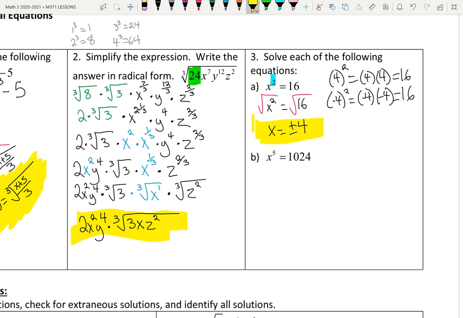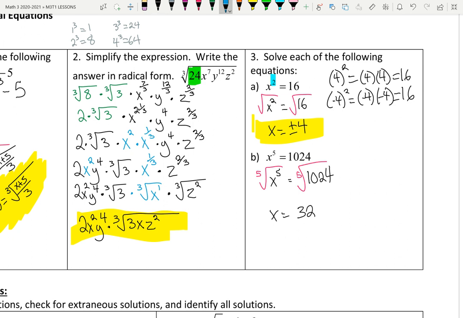For part b, x to the 5th equals 1024. I'm going to take the 5th root of each side. It's going to be x, and because it's the 5th root, the number will only be positive, so it's just going to be 4.